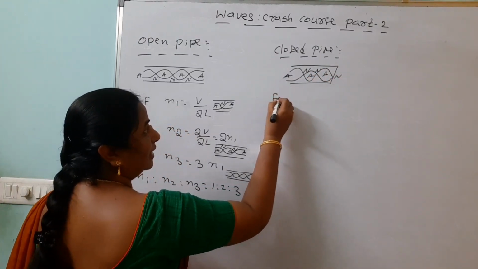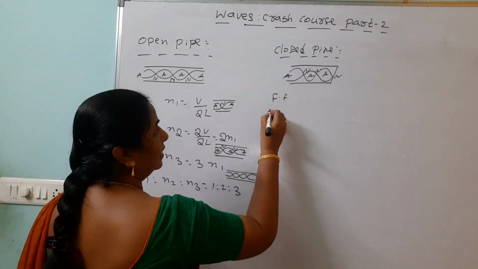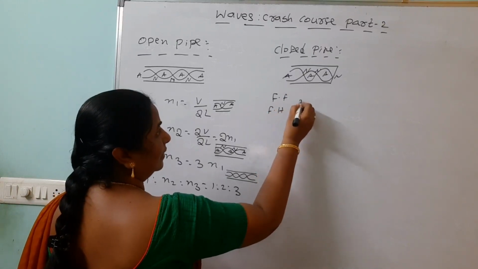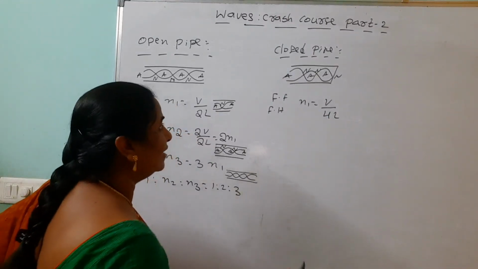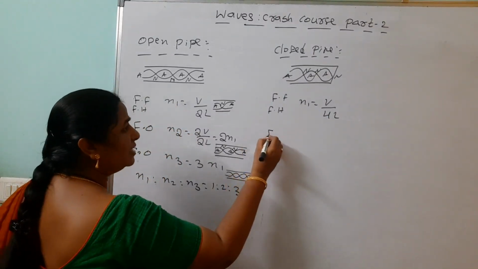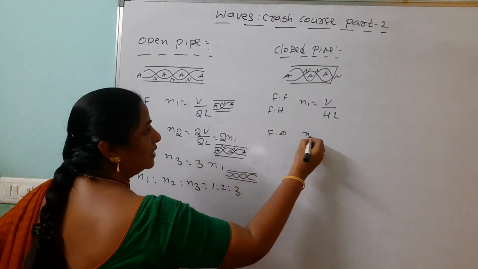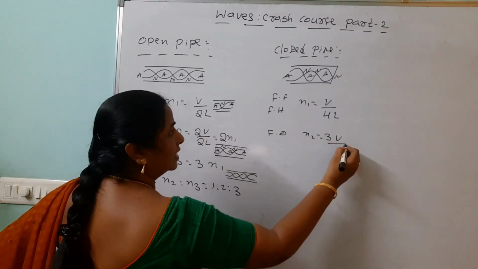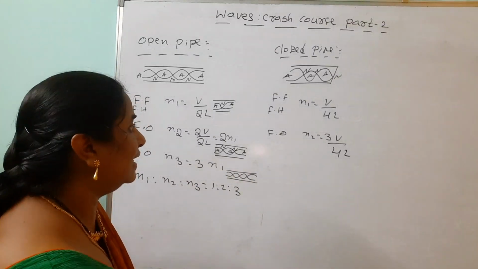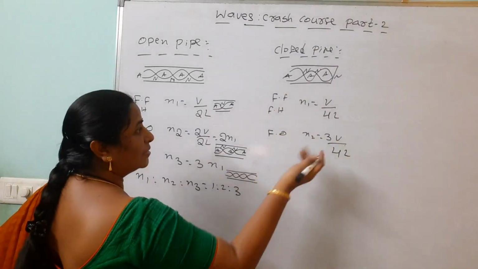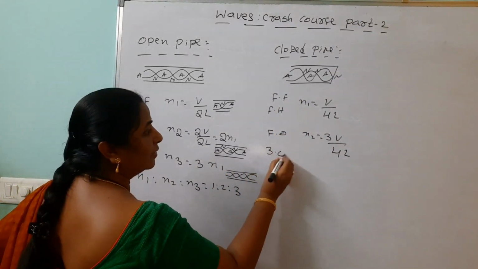Here the fundamental frequency, which is our first harmonic, N1 equals V by 4L. Then the second one, the first overtone, N2 equals 3 times this one. That's why this is not called the first overtone. It is the third overtone, since 3 times that one means the third overtone.